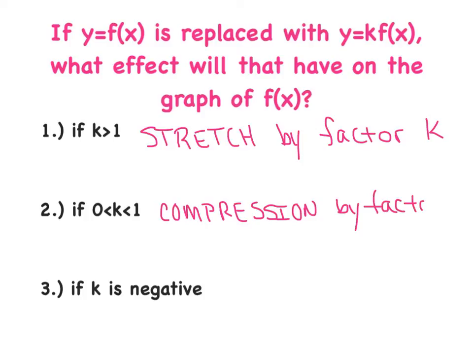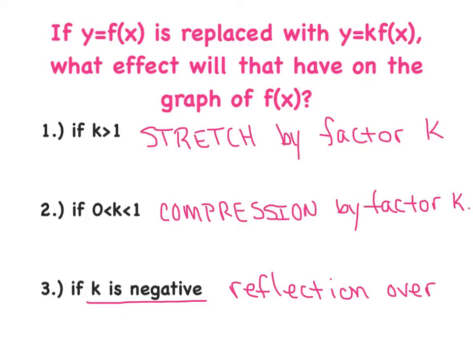So you're either stretching or squishing the function. And here's a new one that we haven't seen quite yet, but we're going to give it to you anyway. If k is negative, it's a reflection over the x-axis. Alright, so we're going to get a little practice with that tonight. So just watch out for negative k values, and that's going to be a reflection over the x-axis.